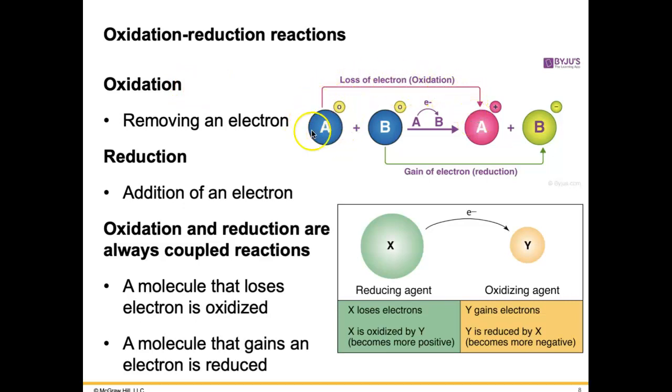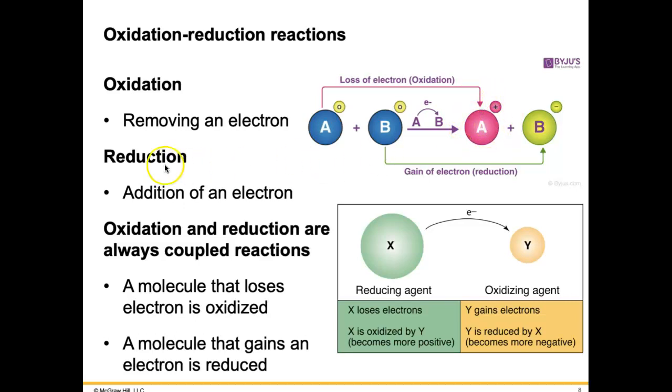So the reason here we have this O, meaning it's neutral, and then here we change it to have a plus, is because electrons are negatively charged. So when we remove that electron to later give it to product B here, we are taking that negative charge away from it, and therefore we're left with a positive charge on that atom.